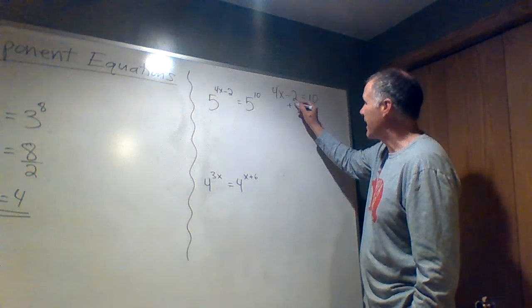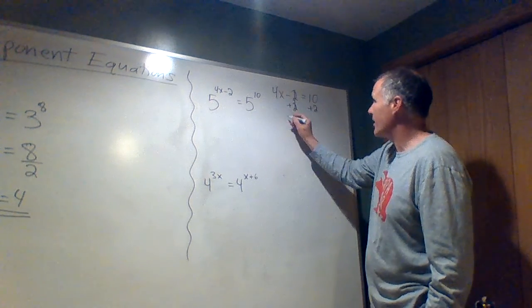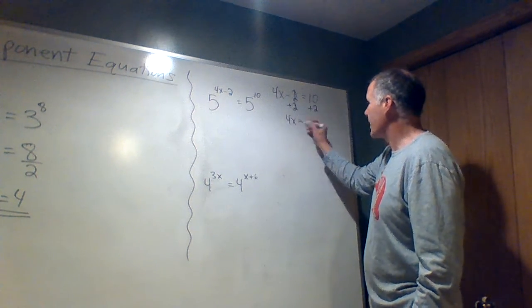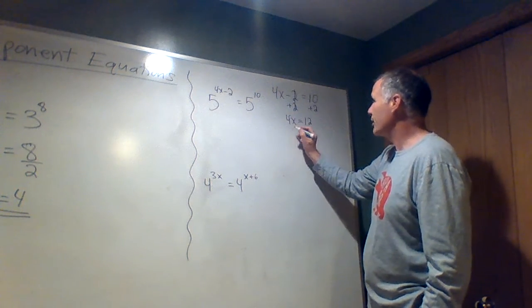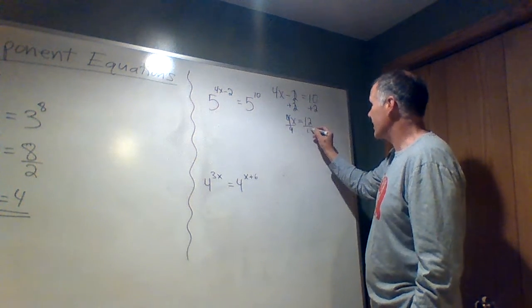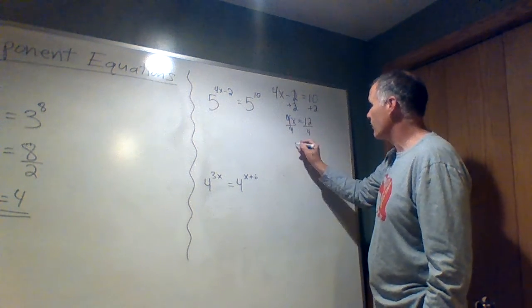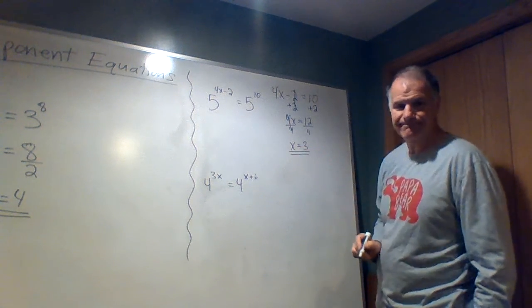Remember, get rid of minus 2. We do plus 2 to both sides, right? Crosses out. 4x equals 10 plus 2, 12. 4x, divide away the 4. Boom. 12 divided by 4. x equals 3. And you got it.